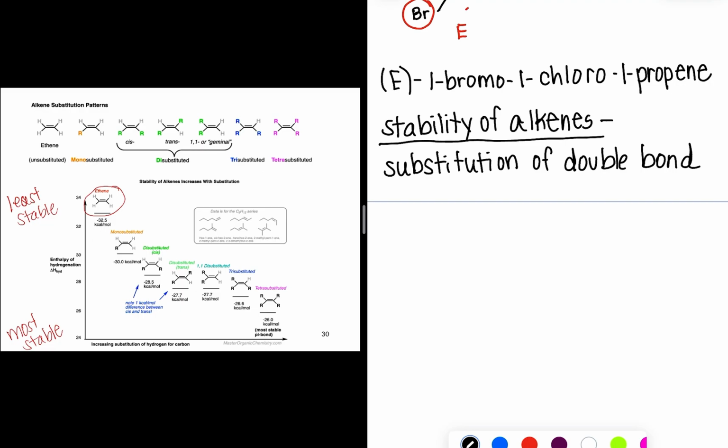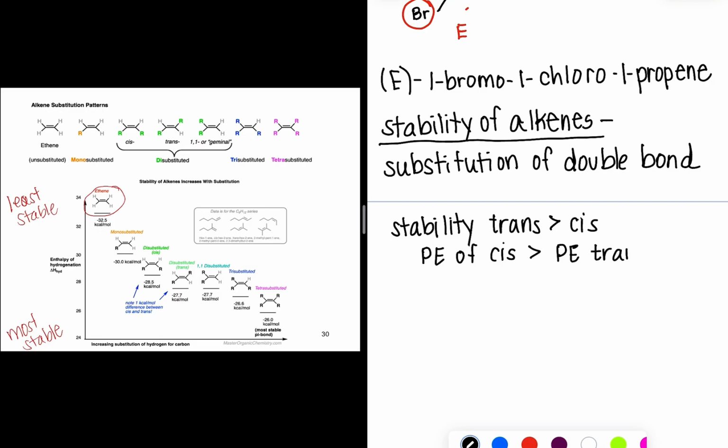You should also know that in terms of stability, the trans is more stable than the cis. So that means the potential energy of the cis is higher than the potential energy of the trans.